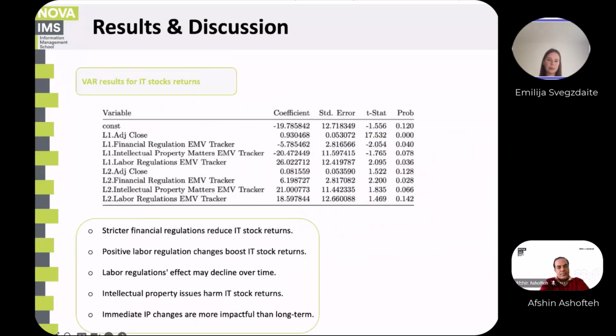In contrast, the labor regulation tracker initially boosts returns, likely due to perceived workforce stability, though the effect fades by the second lag. And the intellectual property matter tracker shows a near-significant negative impact, potentially due to litigation costs.